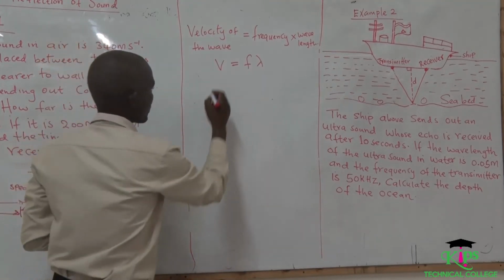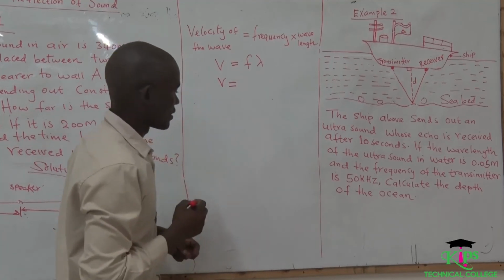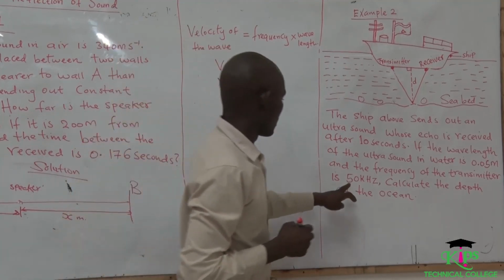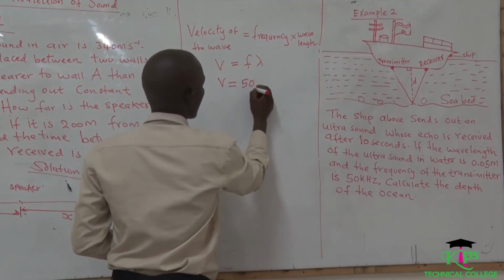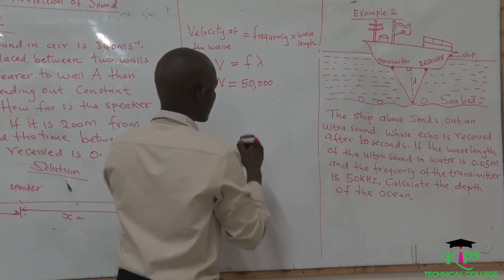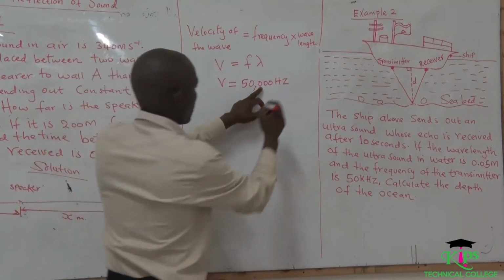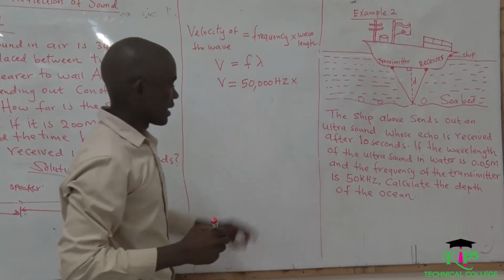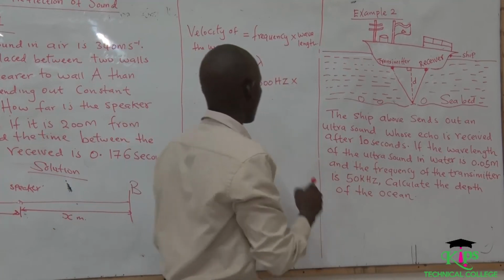So we can say the velocity of the wave will be given by the frequency. The frequency of the transmitter is 50 kilohertz, you can write it in hertz. This is 50,000 hertz multiplied by the wavelength. We have been told the wavelength is 0.05 meters.